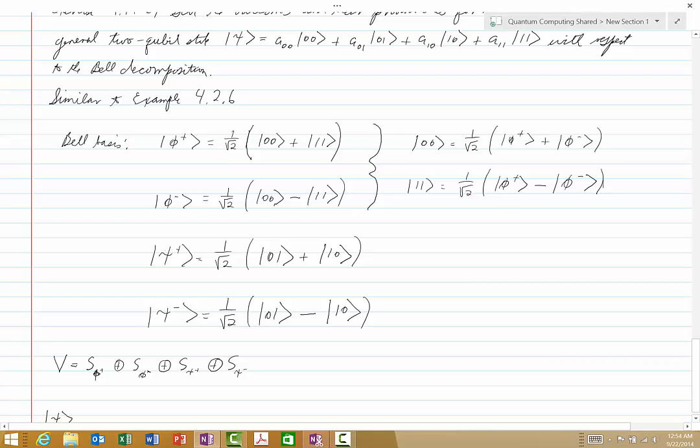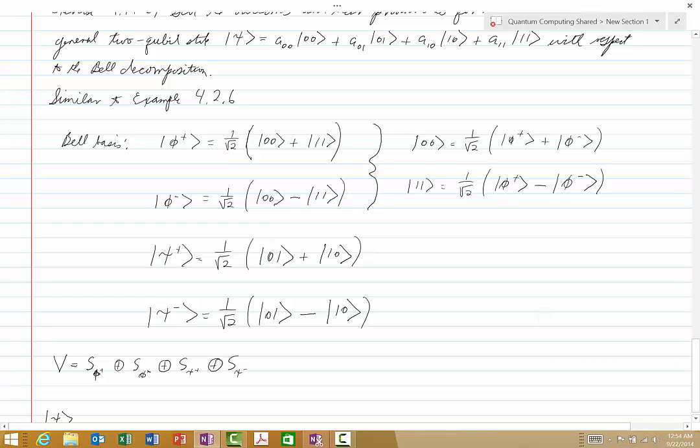And of course 2 over square root of 2 is the same thing as square root of 2. So this plus this is equal to the square root of 2 times 0, 0. And if we multiply each side of that equation by 1 over square root of 2, then we get this. And similarly, if we subtract phi minus from phi plus, we would get 1, 1. And we'll get this equation.